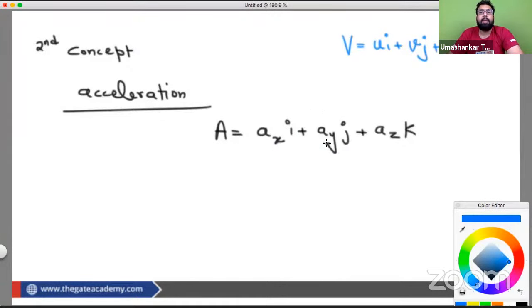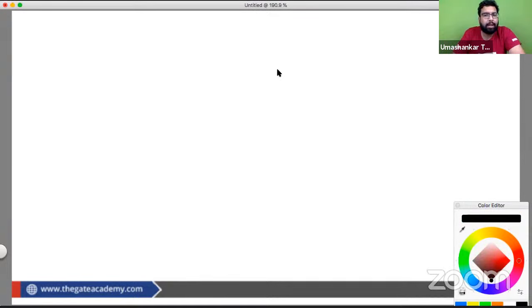Now, acceleration is ax i plus ay j plus az k. From u, v, w, how are we going to find this ax, ay, and az? I am going to write their formulas, and I am hoping that with me writing them, you will be able to memorize them. So what is this ax, beta? Acceleration happens when velocity changes. As we have seen, there are two things: steady and uniform.